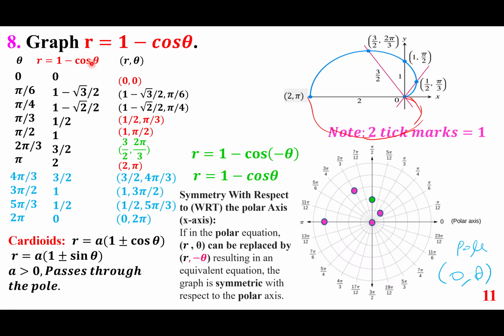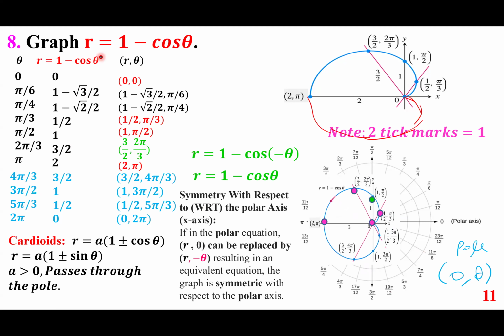So 1 minus negative 1/2. 3 pi over 2 is 0, 1. 5 pi over 3, it's 1/2 subtract from it, because in the fourth quadrant cosine is positive. 2 pi gives you positive 1, 1 minus that is 0. So you can see this is the top half, this is the bottom half, and that's how you graph it using symmetry.